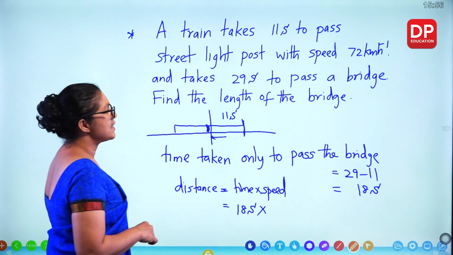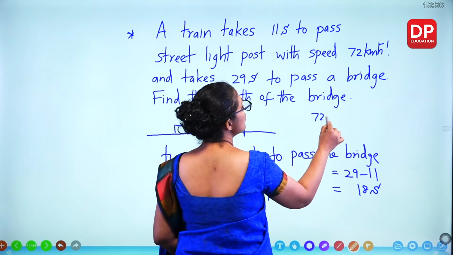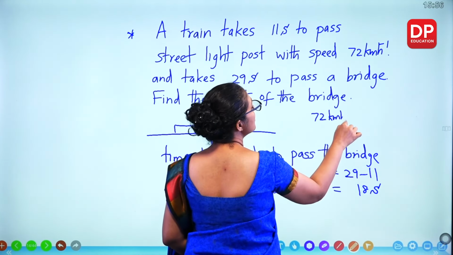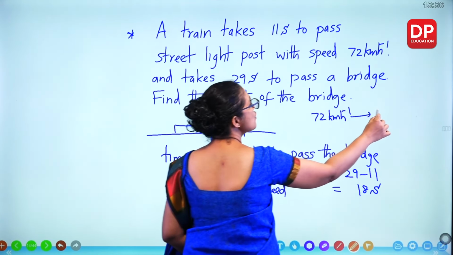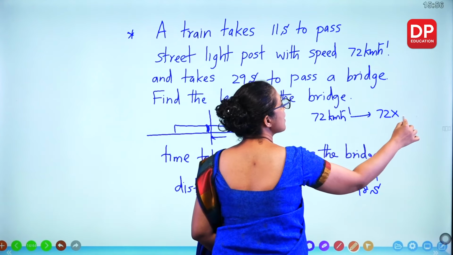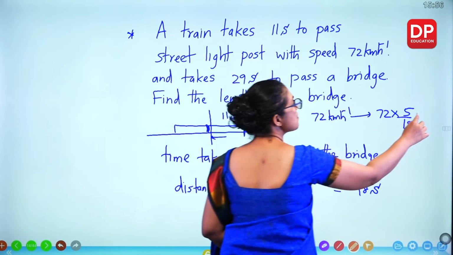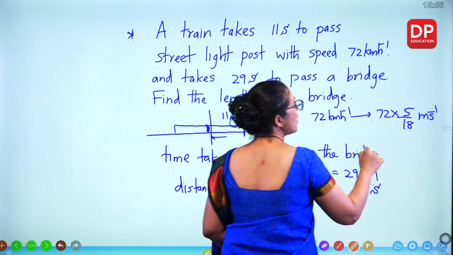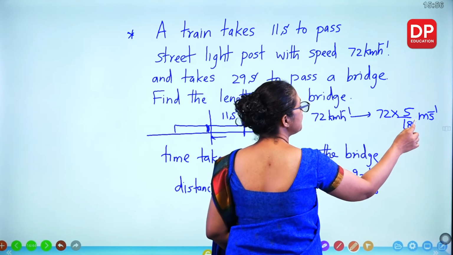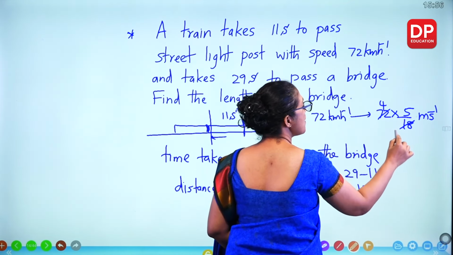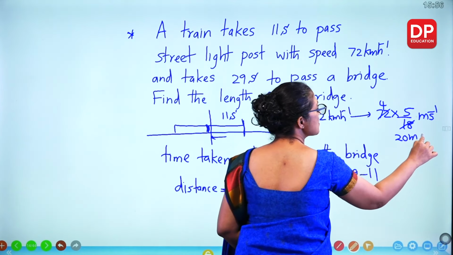Convert to meters per second. So 72, when you convert to meters per second, you need to multiply by 5 and divide by 18 because meters per second is smaller. So you get 4 times 5, 20 meters per second.